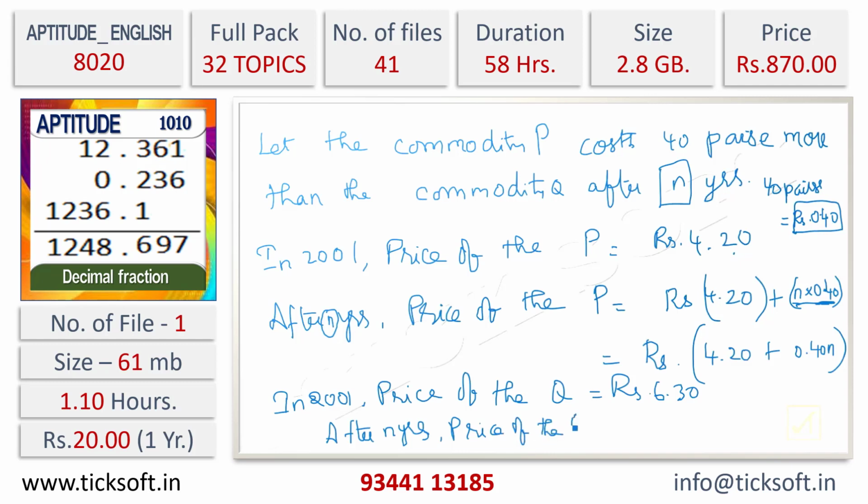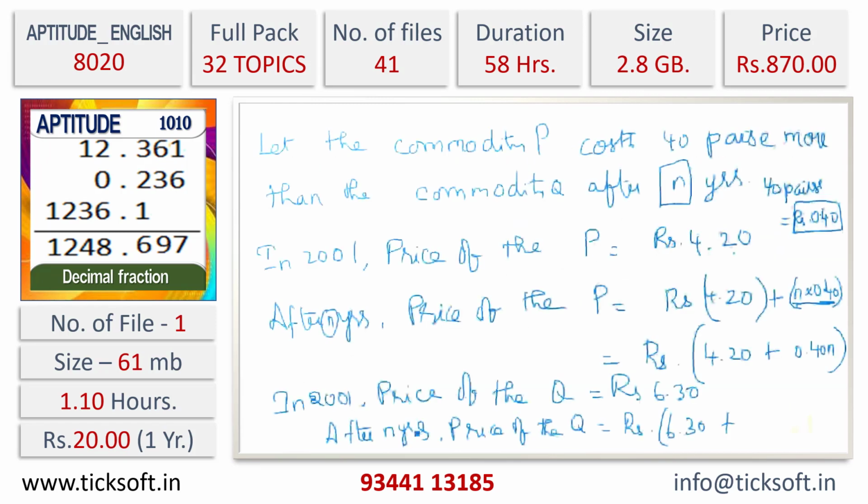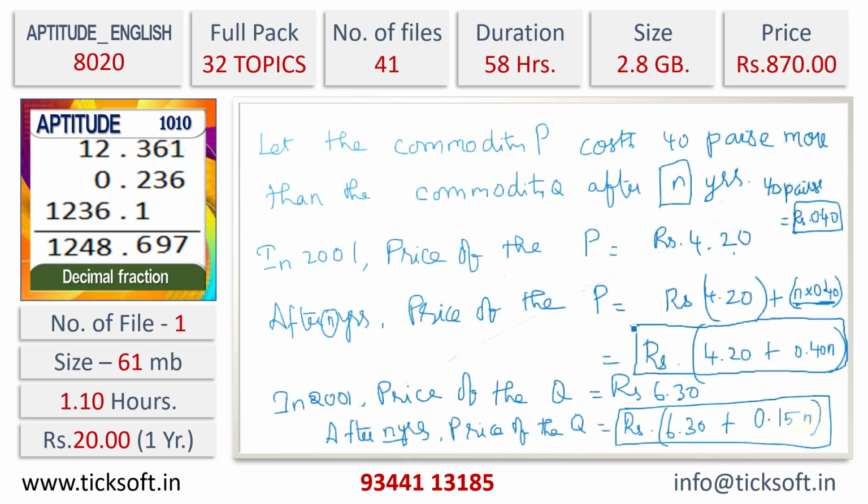The price of commodity Q increases by 15 paise, which is rupees 0.15, so we multiply this increasing amount by the number of years n and get 0.15 into n. So this is the price of commodity Q after n years, and this is the price of the commodity P after n years.